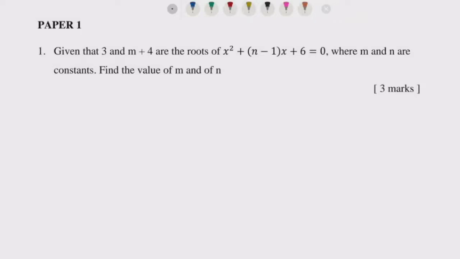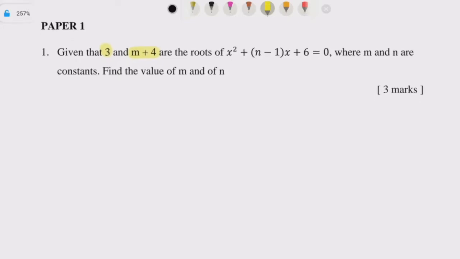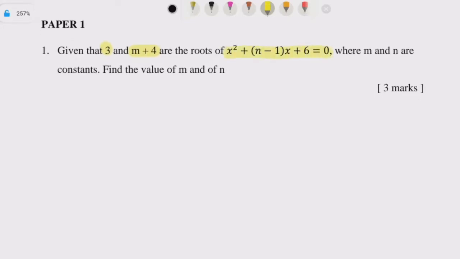Given that 3 and m plus 4 are the roots of this quadratic equation, where m and n are constants, the question wants us to find the value of m and of n. So the roots are 3 and m plus 4.